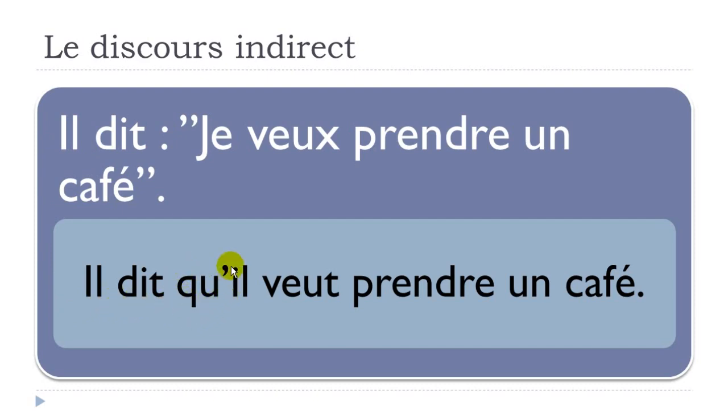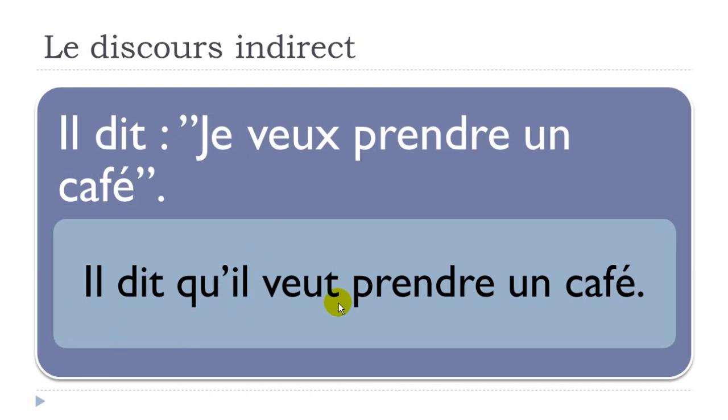So you will put this que, as we had previously, and you will need to change je, you will need to change it into il, okay, because that's the subject, il.